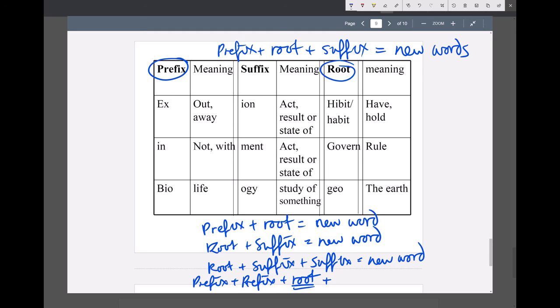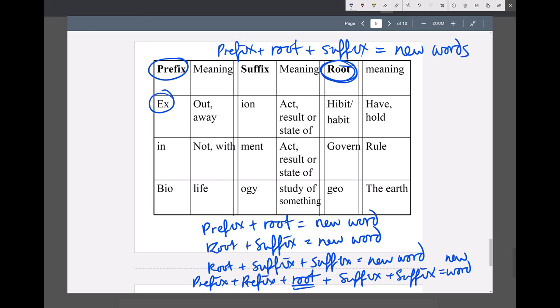And you never have more than one root in the word. But you can have multiple prefixes or suffixes in any reasonable combination, usually one or two of each type, except the roots. And then you have a new word, like that.